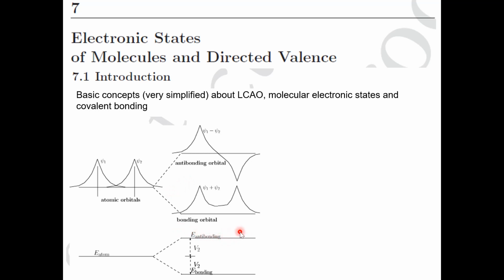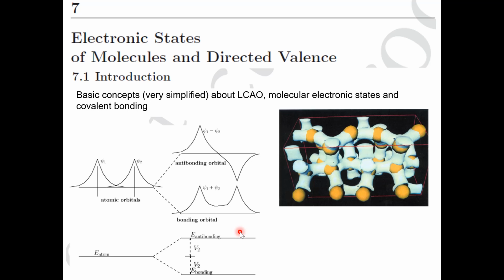So this is just another example to show the idea of directed valence or bonding orbitals, in the sense that you accumulate charge in the region between the two atoms, and this is precisely what we call forming a bond. This also happens in a solid.